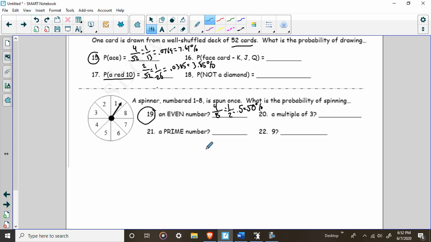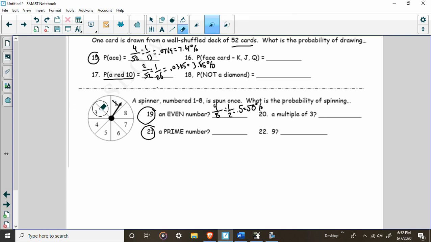Okay? And your last one, tricky one, if you guys didn't get this, I'd be okay. What's a prime number, okay? So remember, prime numbers are something we've gone over. It's also a tricky definition, okay? Oh, I'm sorry, my mistake.